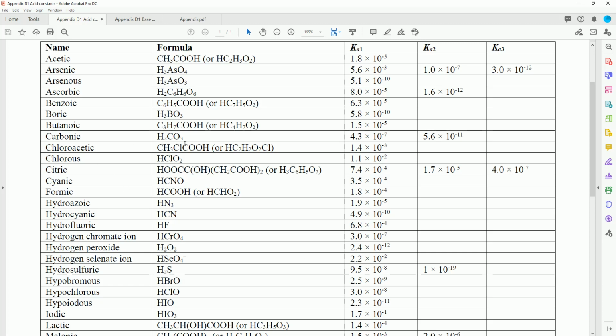So here's carbonic acid. Remember, Ka1 is for H2CO3, and Ka2 is for HCO3 minus. So we'll want this one, 5.6 times 10 to the negative 11. So I'm going to write that number down, 5.6 times 10 to the negative 11.